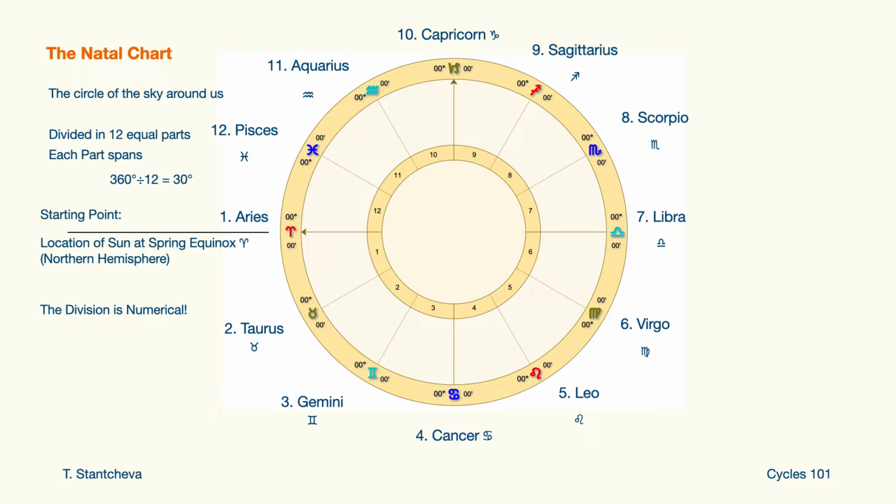Because the division is numerical, this is why we can actually find a correspondence between the astrological divisions and the 12 meridian system in traditional Chinese medicine, or between the astrological signs and the 12-fold daily function energy in Jin Shin Jyutsu.